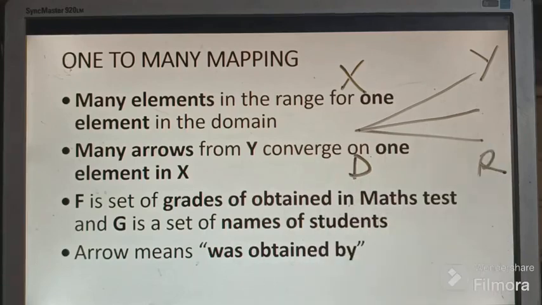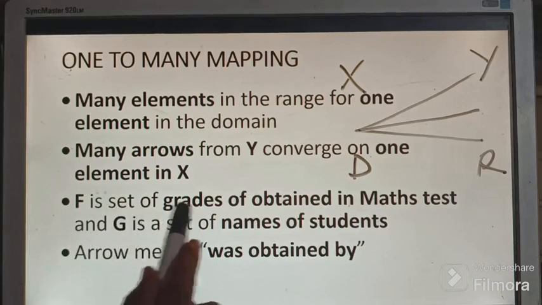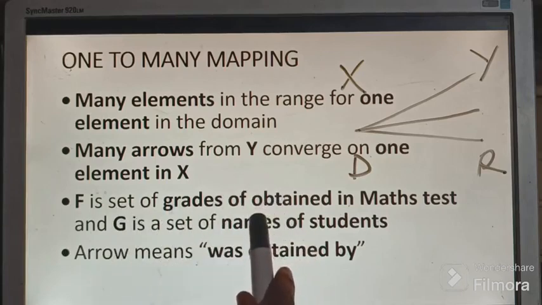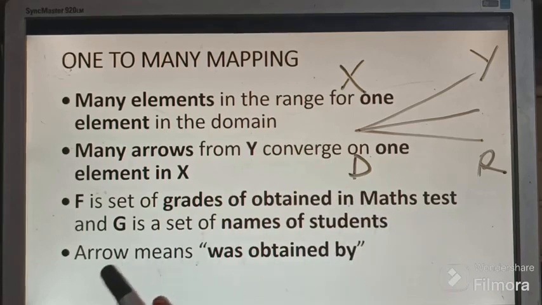So let's look at an example of the relationship between sets F and G, where F is a set of grades obtained in a mathematics test, and G is a set of names of students, and the arrow means "was obtained by".